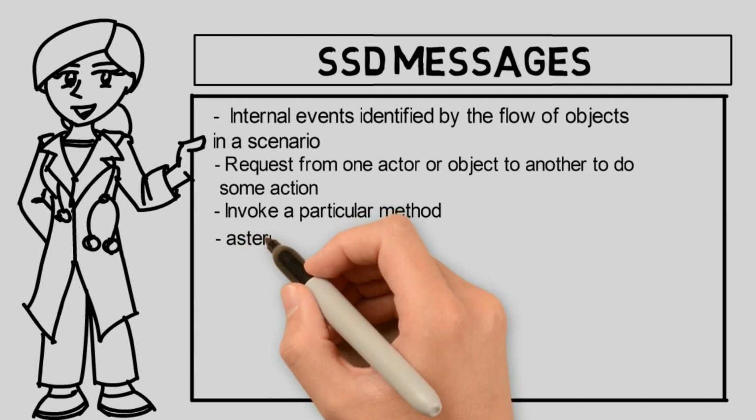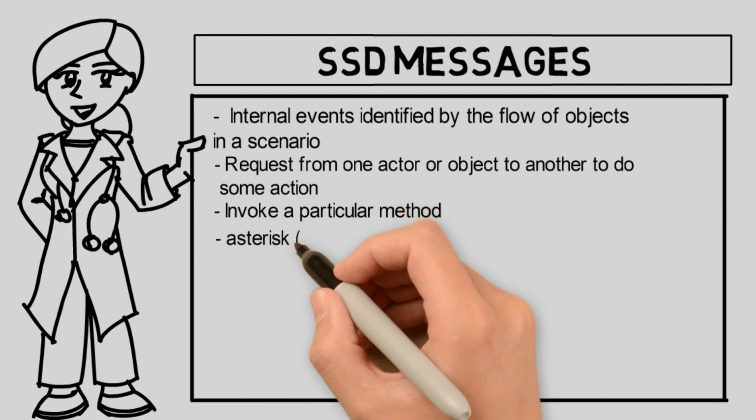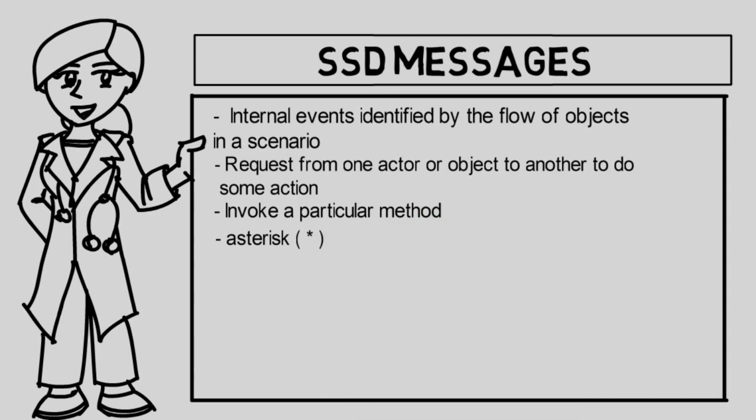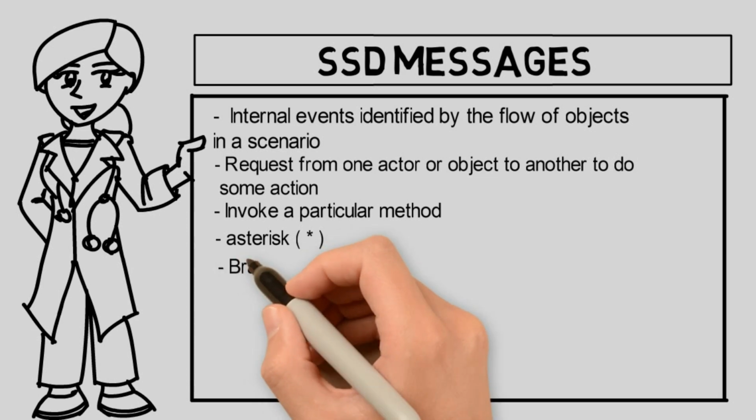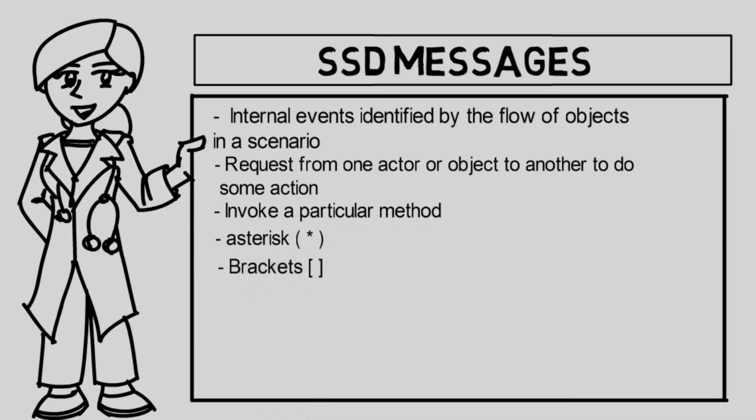An asterisk indicates repeat or looping of the message. Brackets indicate a true or false condition.